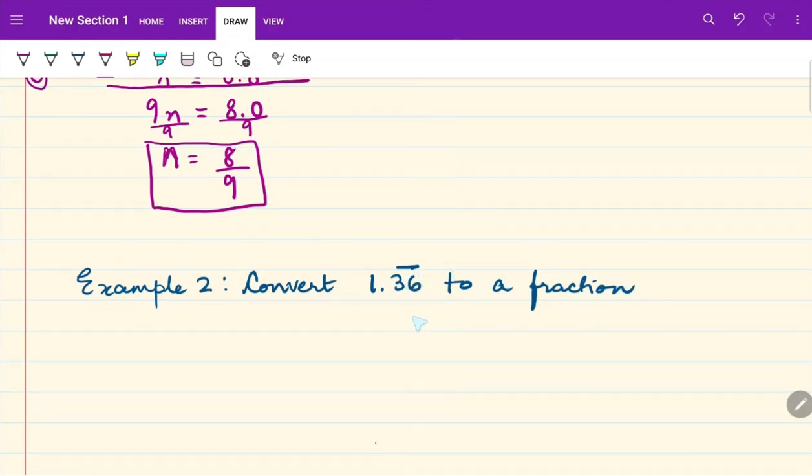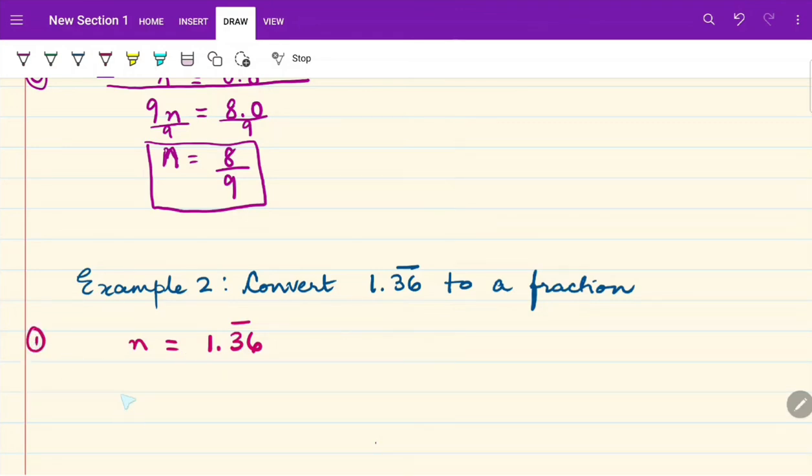Broadly, the process is going to be the same except at one point, as you will see. The first step is to write this value in equation form, so I'm going to write it as n equals 1.36 bar.